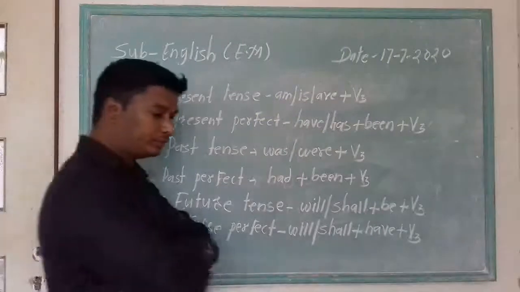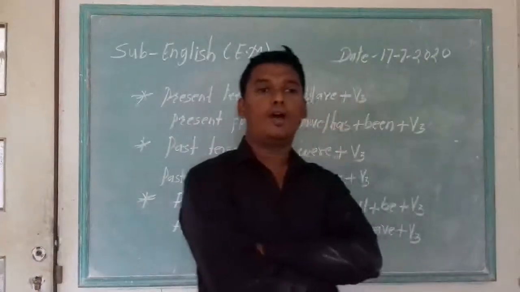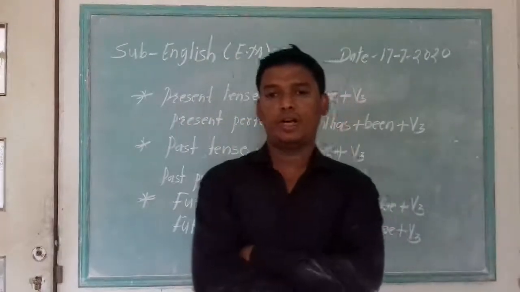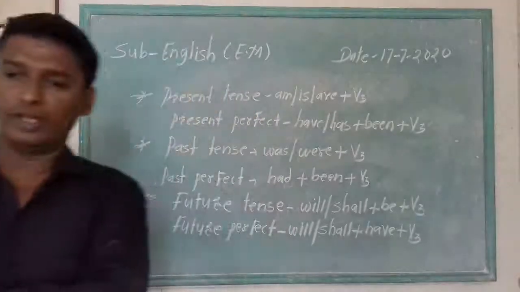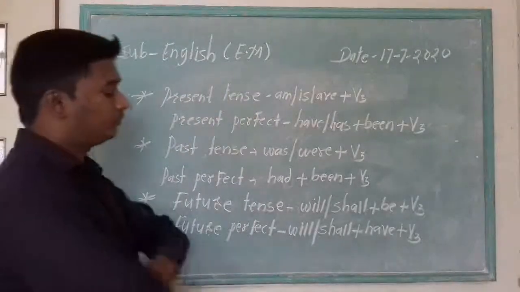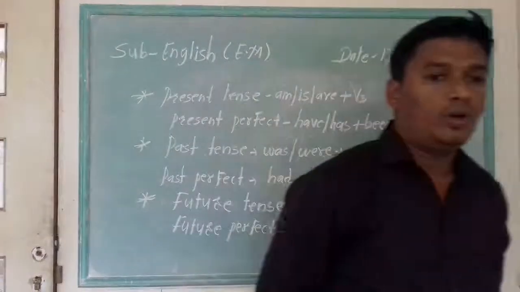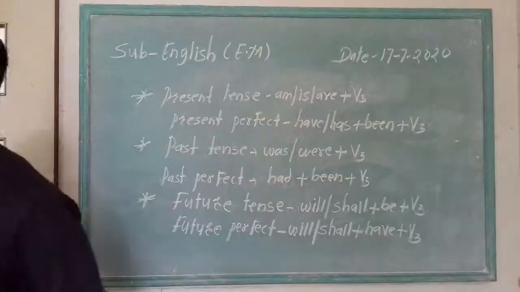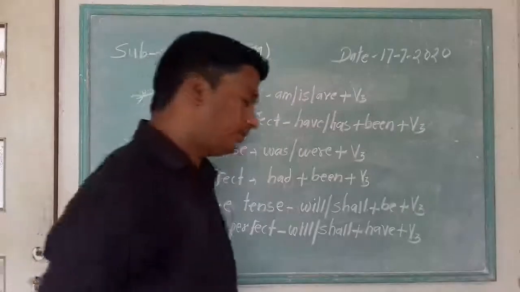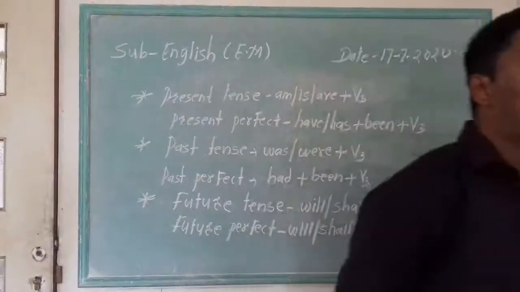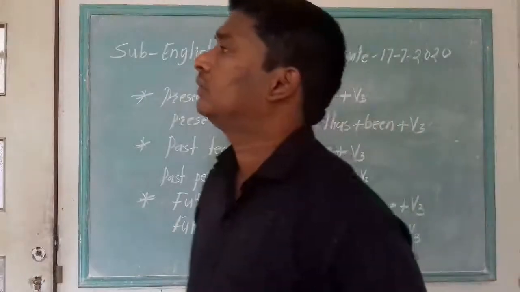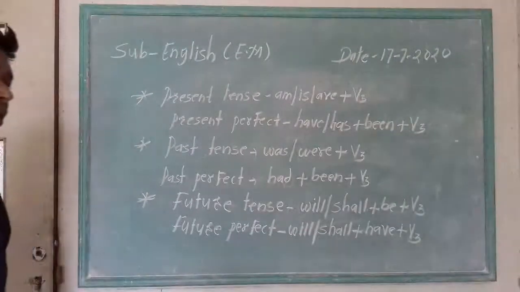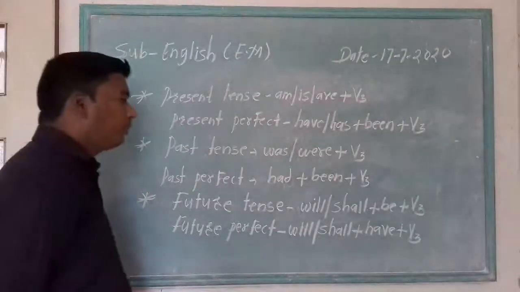Take the next rule, with a blue pen, after taking the proper auxiliary verb. After writing the proper auxiliary verb, comma, write the past participle of the main verb.